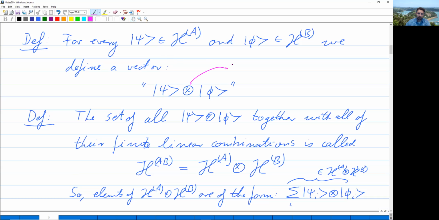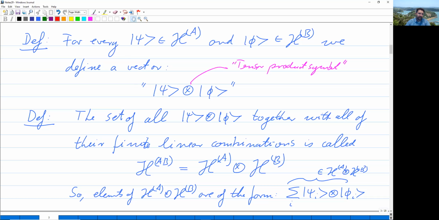Let's spell this out. So far, that's just the bookkeeping. We are saying that, sure, if system A is in the state psi and system B is in the state phi, then the total system can be described by just keeping track of both of them. That's what we have in here. This is just bookkeeping that, okay, the first system is in that state, the second system is in this state. Okay, so far so good.